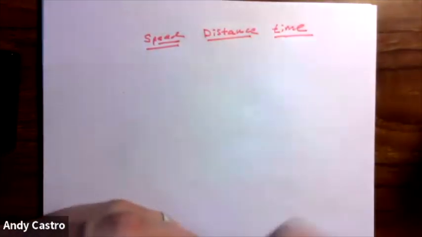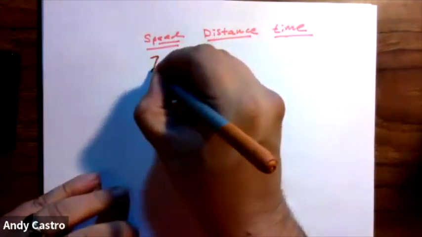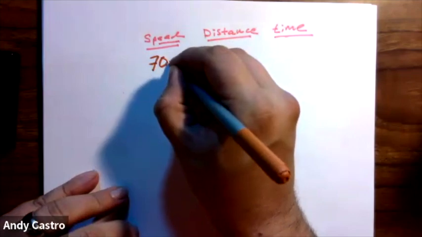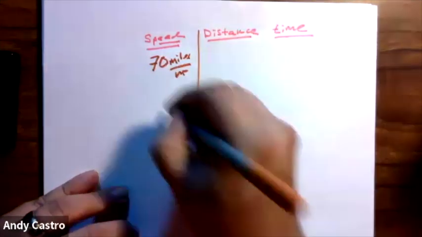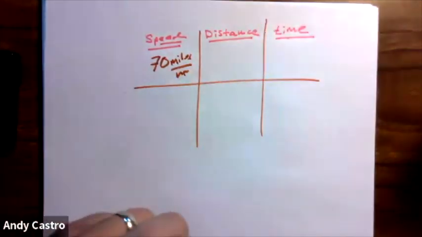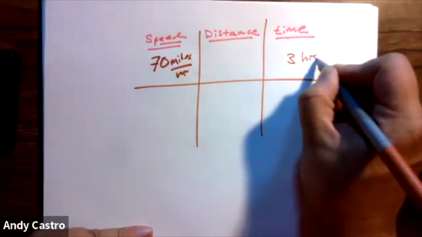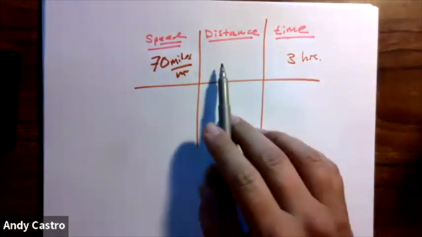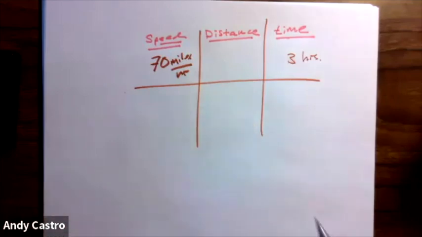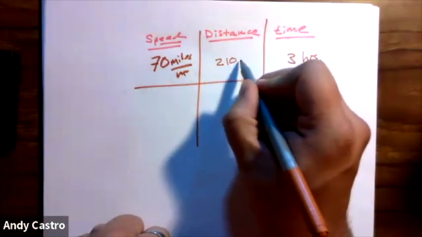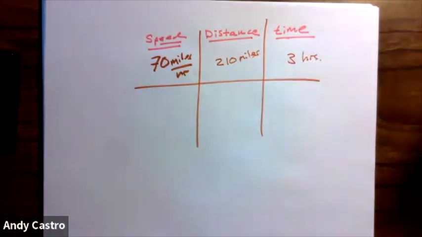So let's say that you're traveling at 70 miles per hour, and you travel for 3 hours. Well, what's my distance? That's 210 miles. And how did I figure that out?